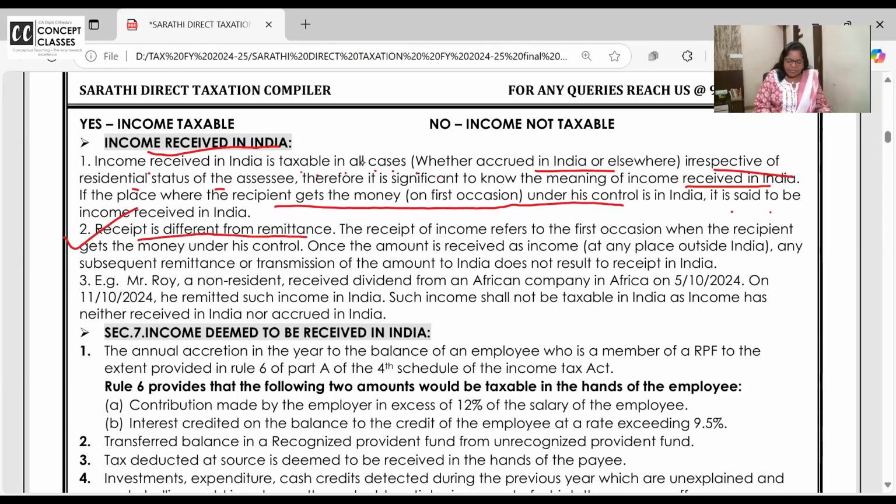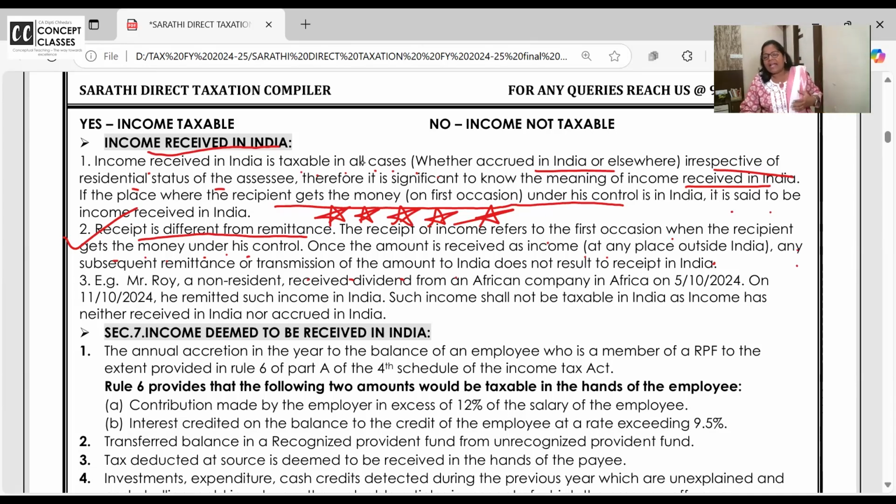Receipt is different from remittance. Please explain this to your friend, and you will learn it forever. The receipt of income refers to the first occasion when the recipient gets the money under his control. Once the amount is received as income, any subsequent remittance will not make it taxable.